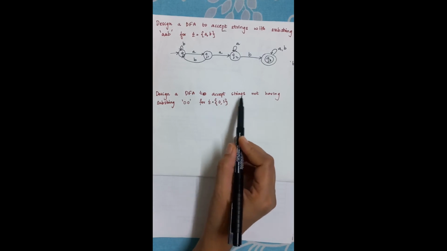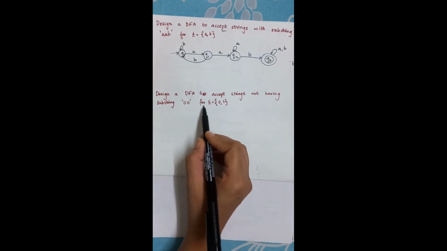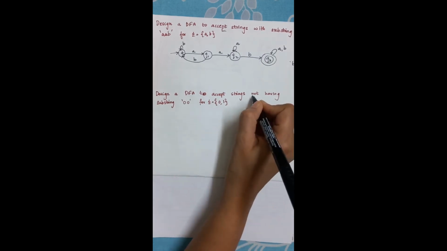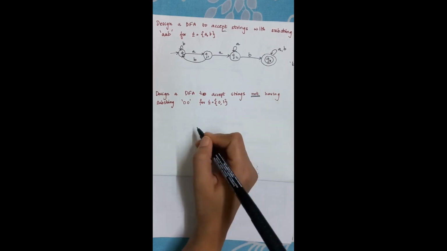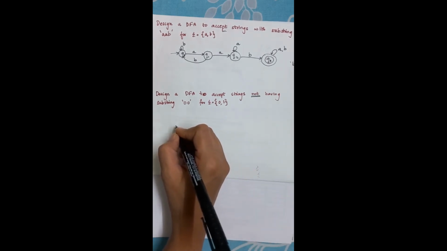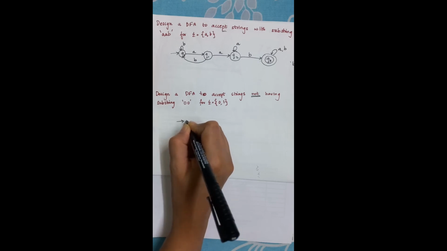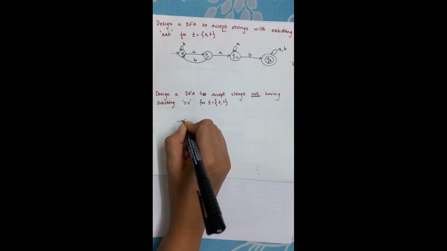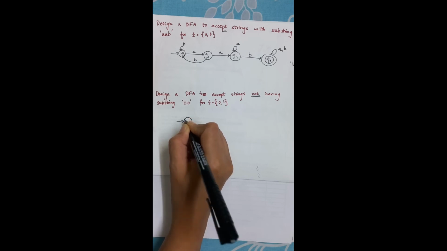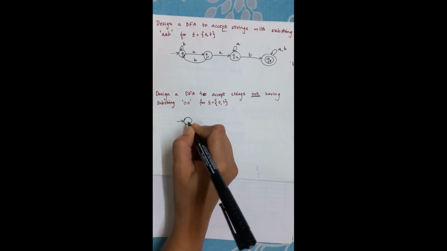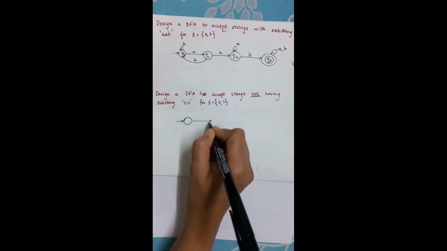Design a DFA to accept strings not having substring 0, 0. So here the question is not having a substring. A substring is a string within a string.